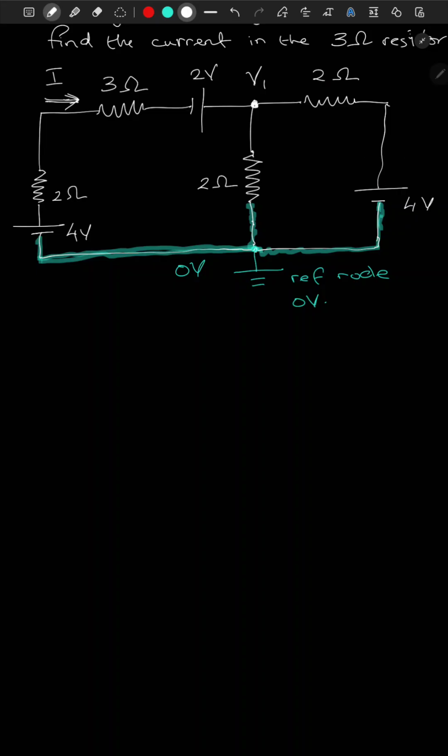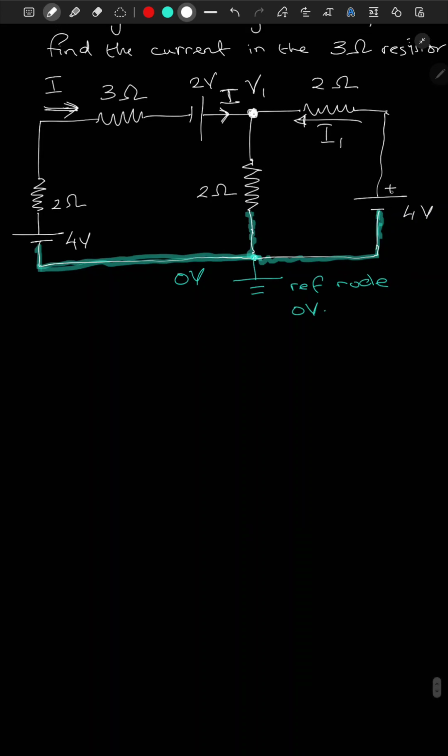So let's assign currents in the circuit. You know that I1 is flowing over here, so I1 would flow in this direction. So this is I. Now let's assign this current as I1, flowing from the positive source to the node V1.